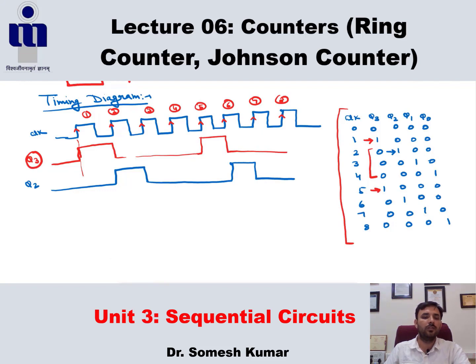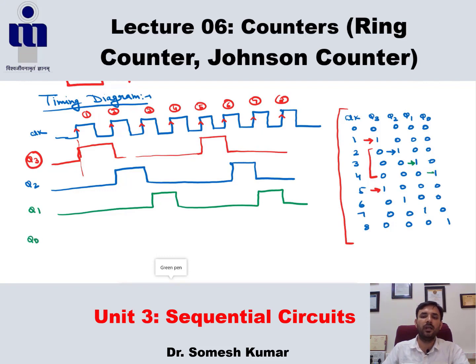Now we will draw next, that is our Q1. From this truth table, Q1 remains 1 in the 3rd clock. Again it remains 1 in the 7th clock like this. Now we will draw Q0.